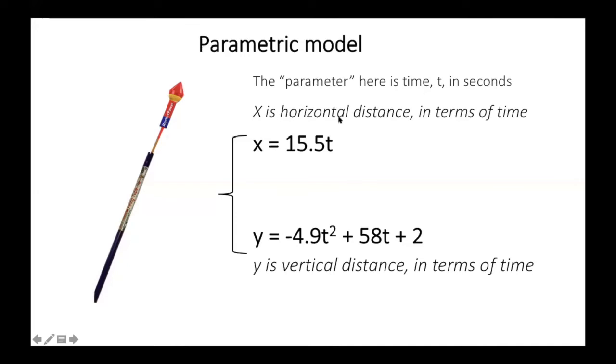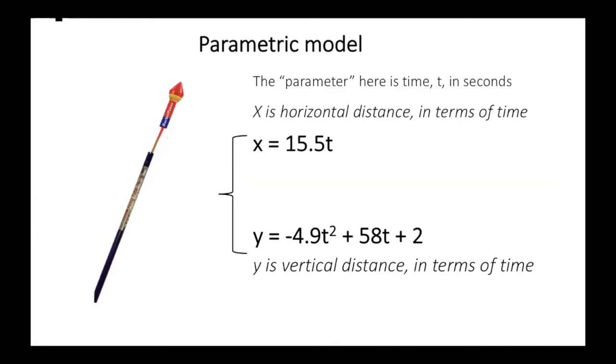X is going to give us the horizontal distance in terms of time, so x equals 15.5 t. And then y is the vertical distance equation in terms of time. Y equals negative 4.9 t squared plus 58 t plus 2. So this is a pair of equations. These work in tandem. That's how parametric equations work. It's a pair, and you have x and y in terms of t.